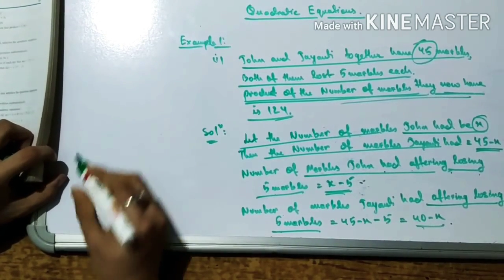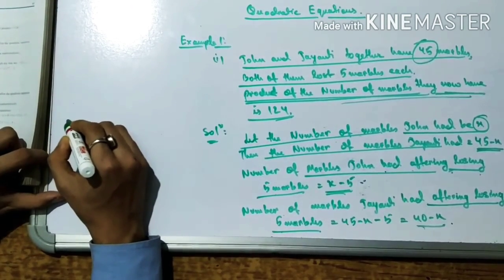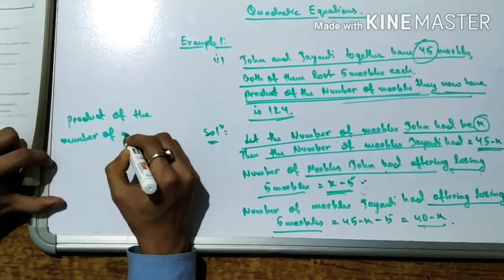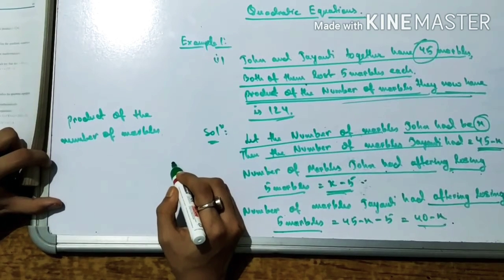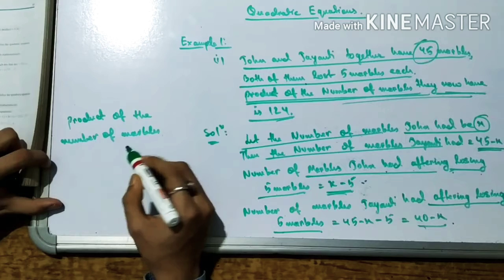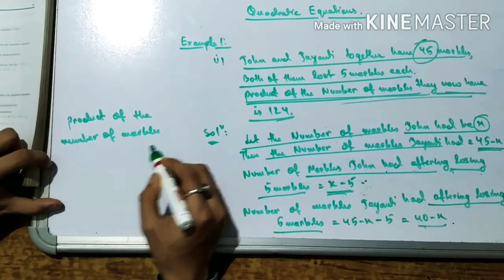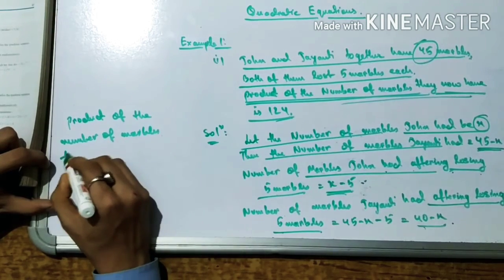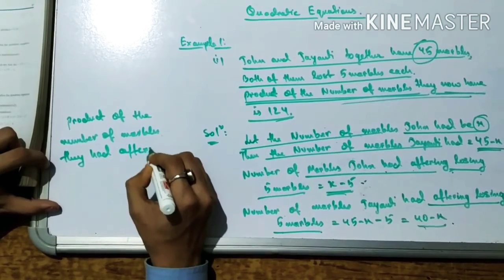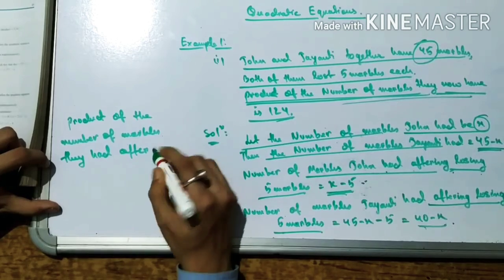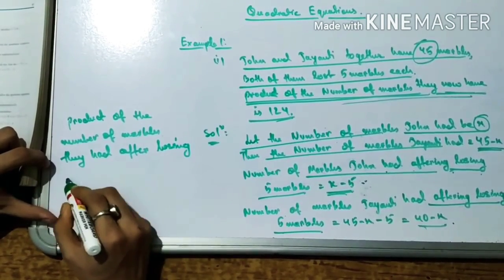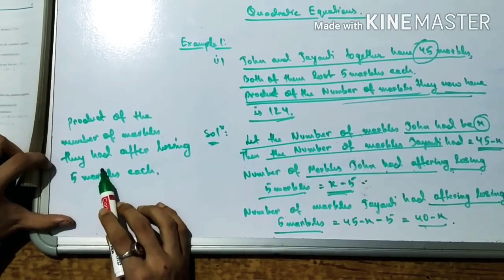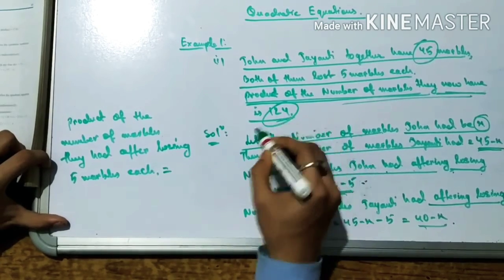Product of the number of marbles they now have. So I can write here: product of the number of marbles they had after losing 5 marbles each is equals to, as given, 124.